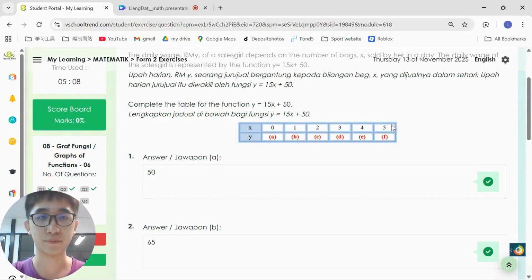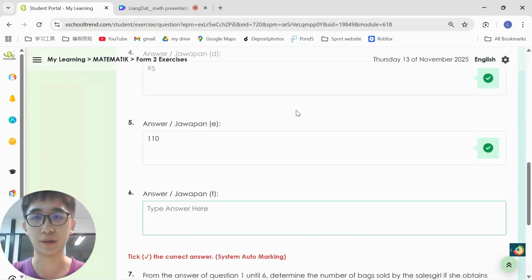When s is 5, 15 multiplied by 5 becomes 75, and then 75 plus 50 is equal to 125.